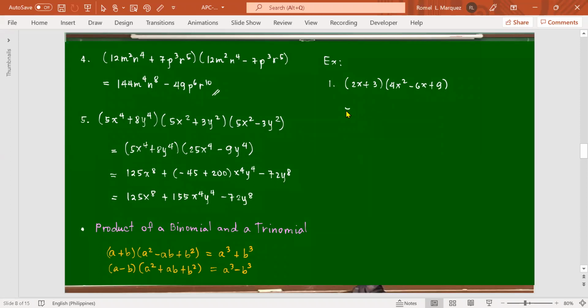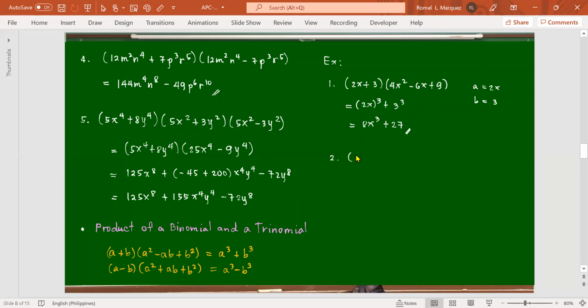So our A here is 2x. What is our B, children? 3. What's the product? Cube the first plus cube of the second. So that is 8x cubed plus 27. That's it.